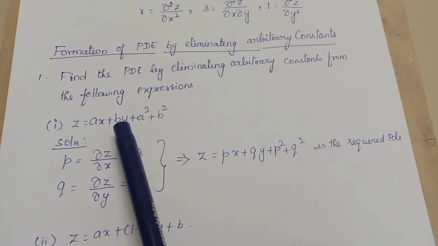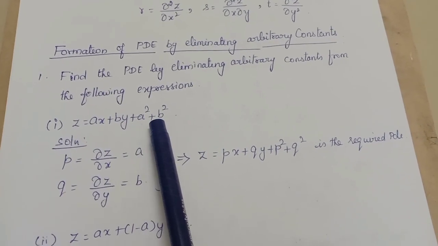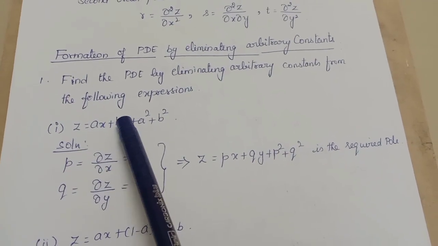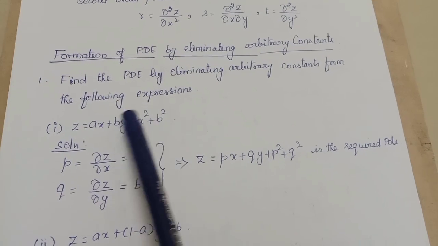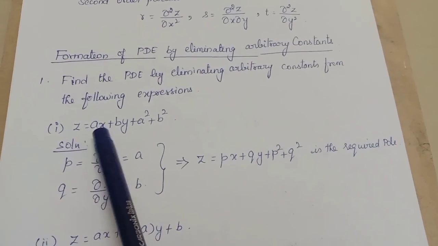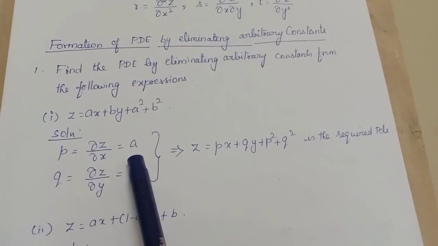And obviously these a and b terms are constants, so their differentiation is also 0. Only this ax, when you differentiate with respect to x, it will simply become a. So this is my p.